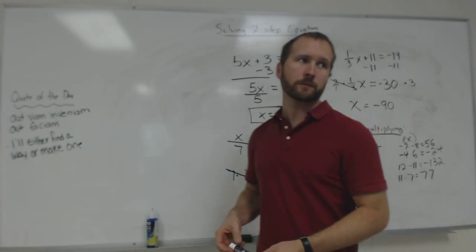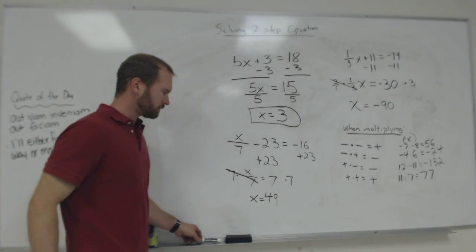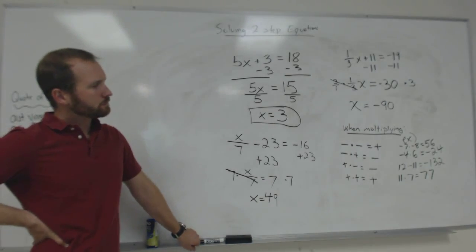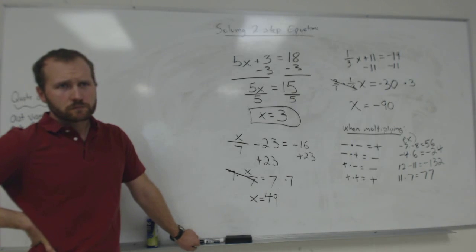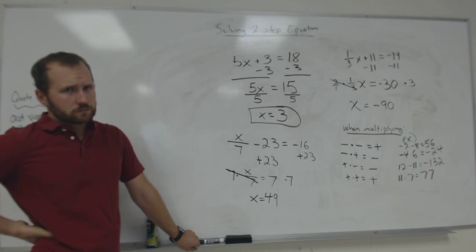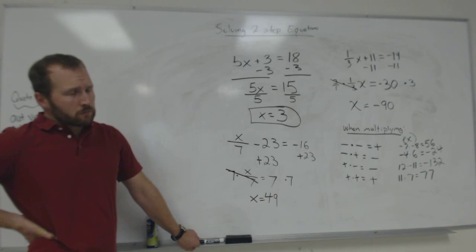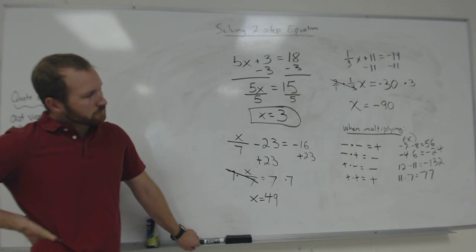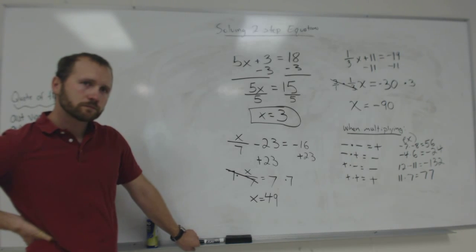Question. Yeah. Well, with a negative times a negative equals a positive, wouldn't that not always be true, depending on the numbers? No, it's always true. Okay, is that only when it's adding and subtracting?